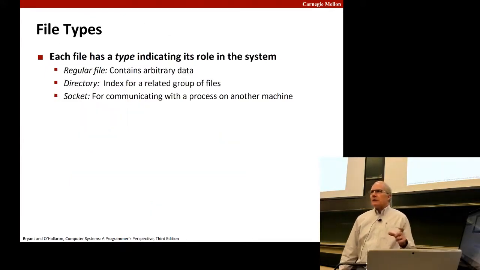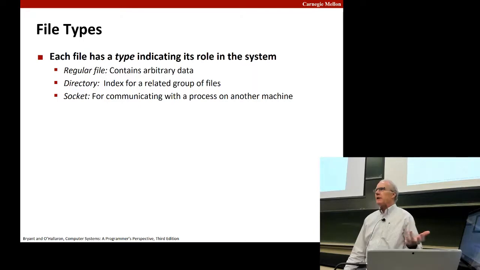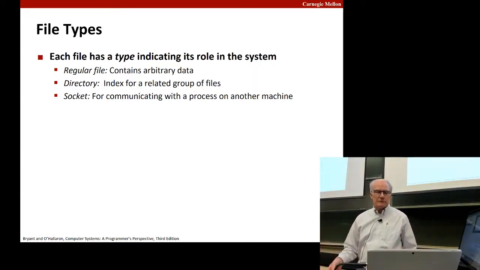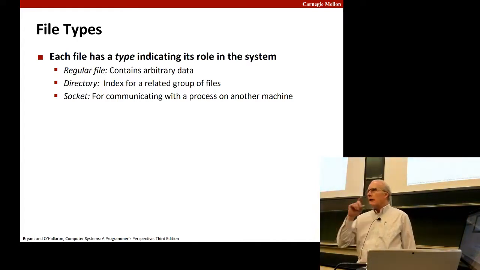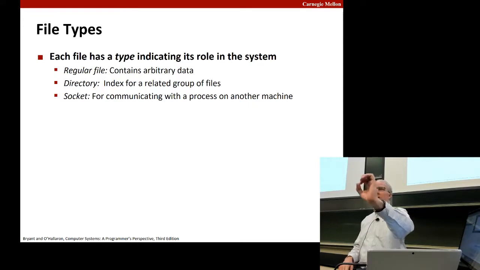Unix really only thinks of there being about half a dozen different types of files. One is a regular file, which is just what it says. Another is a directory, a special type of file that contains information about other files. And a socket is how we talk about network connections. A socket is actually half of a network connection, one side of that connection.